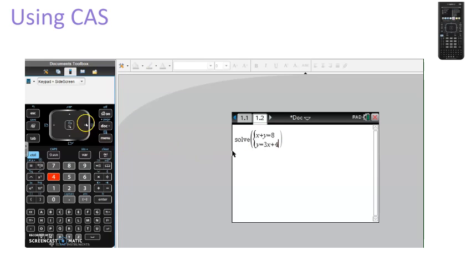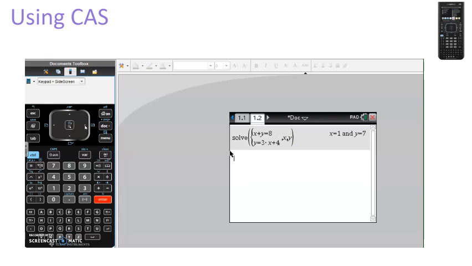So we need to click the arrow key across to the right. Then you need to type in comma, x, comma, y. So this is us just telling the calculator, solve for x and y. Then click enter, and then it tells me x equals 1 and y equals 7.